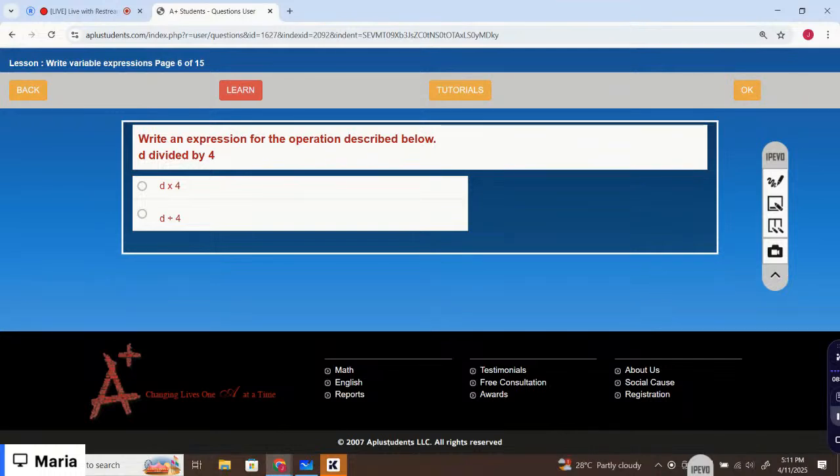Q divided by 4, which is the correct option. Option number 2 is the correct option. Okay, you can complete the lesson by yourself later today. Let's just move on to the next lesson.